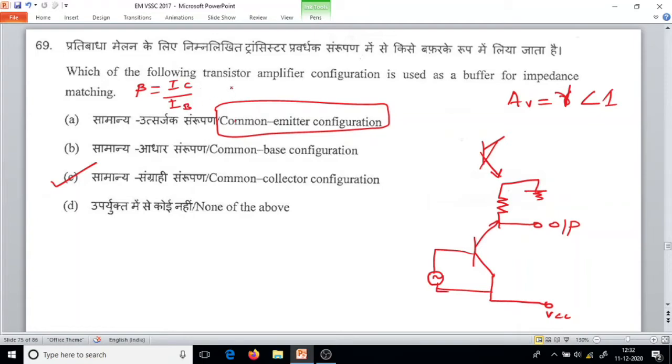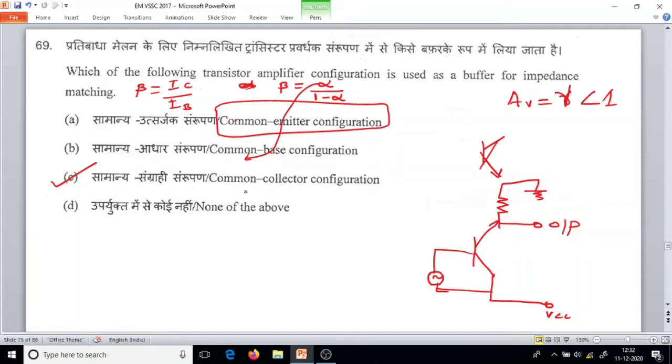From here, one more relation comes: beta equals alpha divided by 1 minus alpha. This alpha comes from the common base configuration.